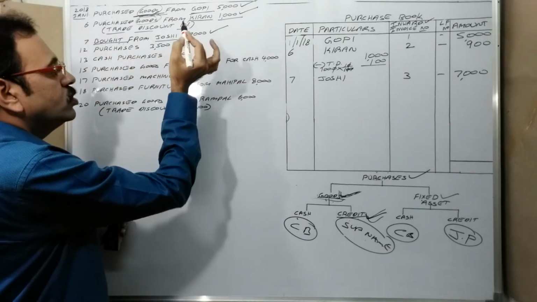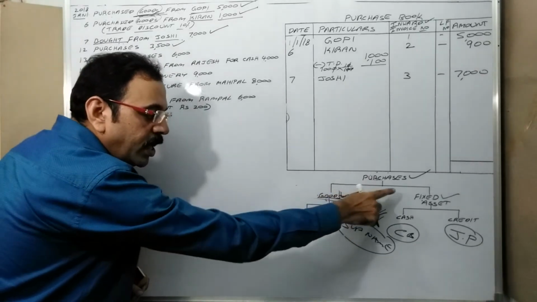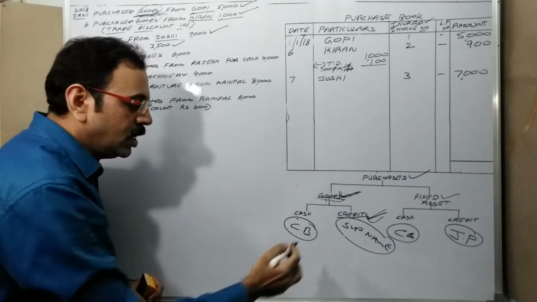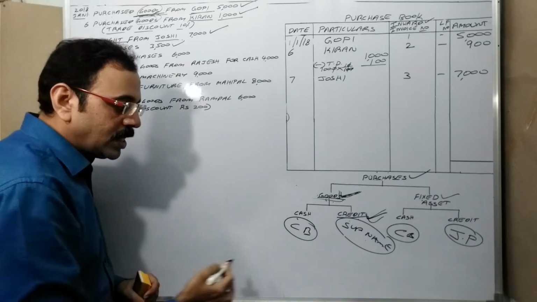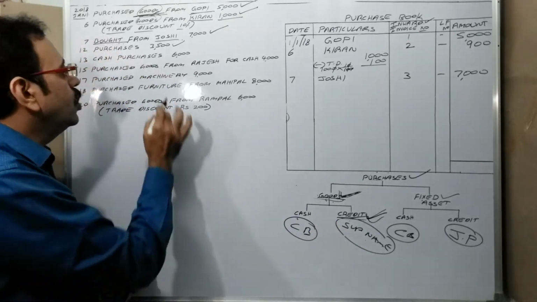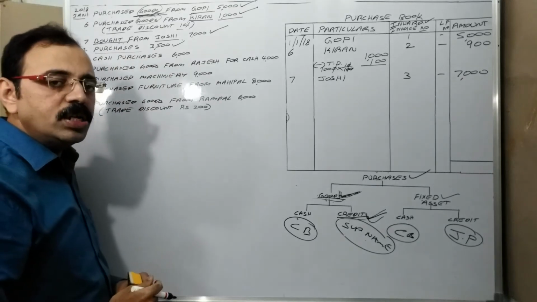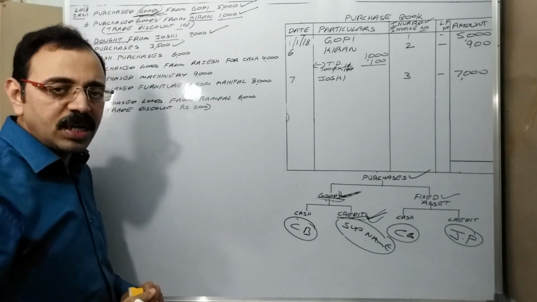Purchases 3,500. First of all, what they are buying, there is no information. Then our assumption is they bought goods. And how are they buying? Is the supplier's name given? No. When the supplier's name is not there, what is the meaning of that? We need not remember the supplier's name.